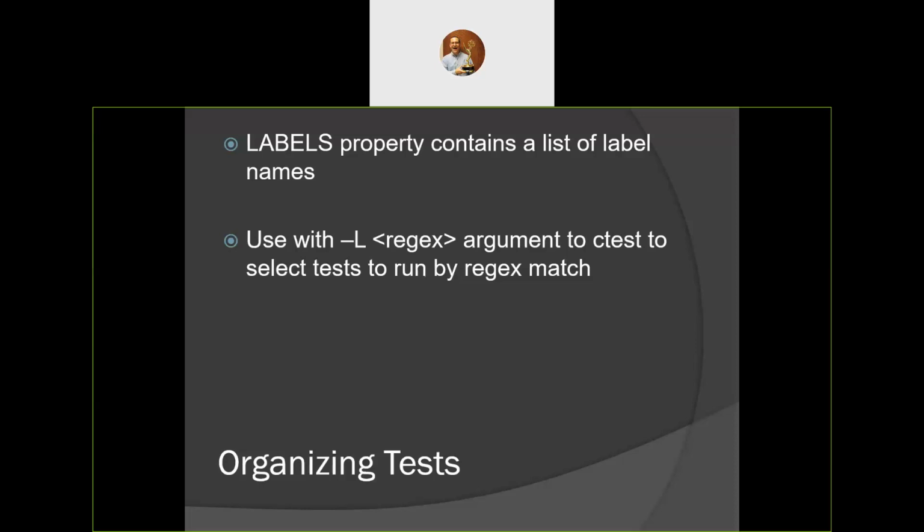Labels just gives you a way to place tests in groups to give you an easy way to say, run this set of tests. A very common thing for developers to have is a set of quick tests that are regarded as a quick thumbs up, thumbs down, often called a smoke test. And you run those as part of every commit, every check-in.